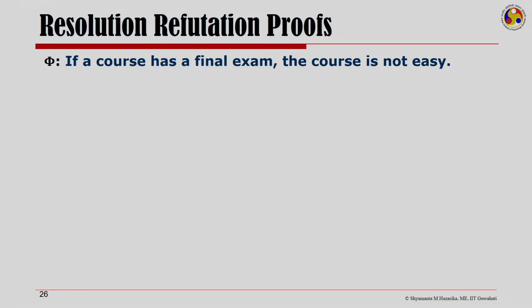What I wanted to prove is the statement that if a course has a final exam, the course is not easy. That is my phi. So, we have to first convert it into clausal normal form, and thereafter the negation has to be added to delta. So, here is the statement: for all x final(x), if the course has a final exam, then the course is not easy.